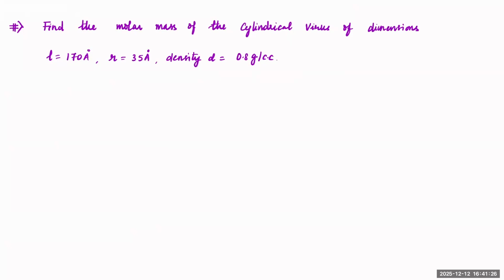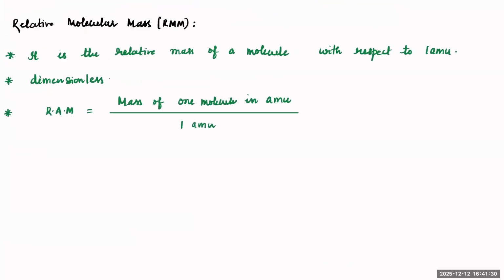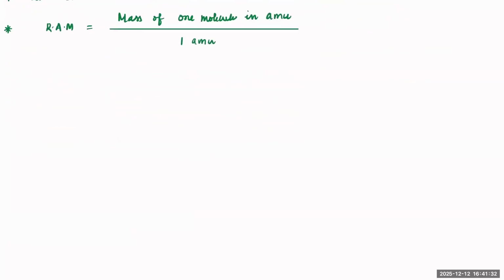Okay. Now we use this term more often here. That is, what is molar mass? We'll be using this a lot of times. What is molar mass? So please check it out. In general, whenever you use the term molar mass, it's a very generic term. Molar mass refers to both terms, that is, molar mass of any species. It could be an atom, molecule, ion, or anything.